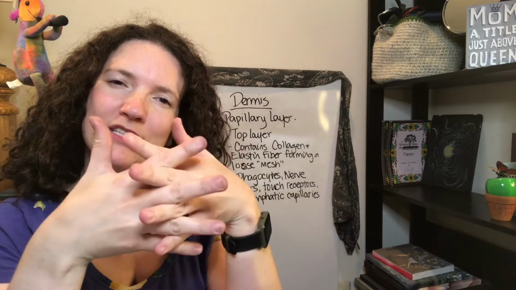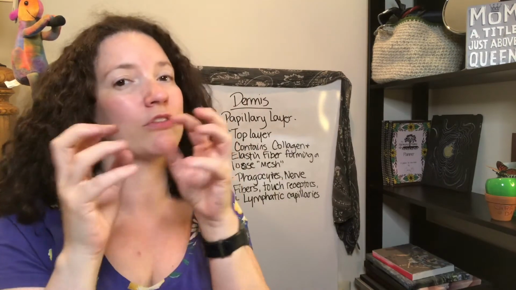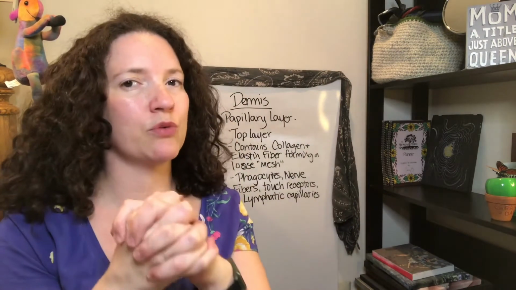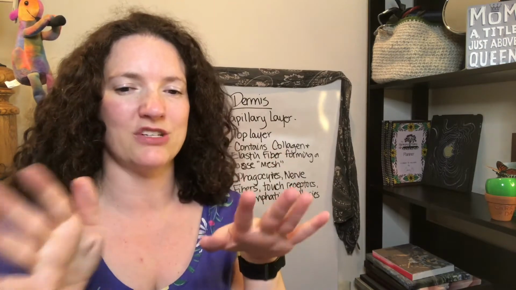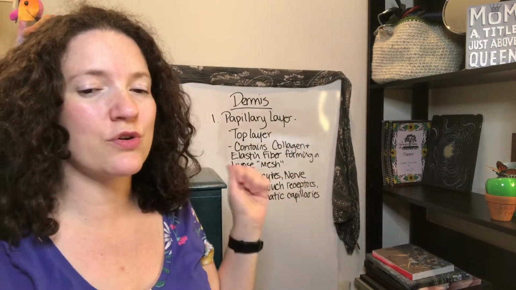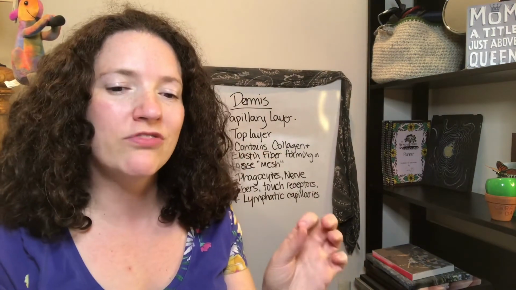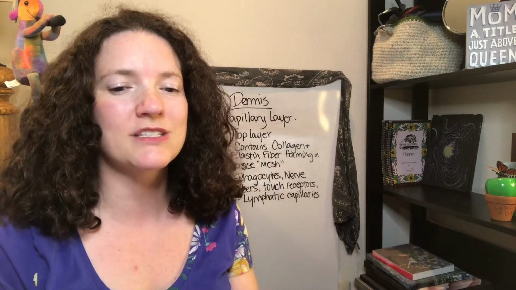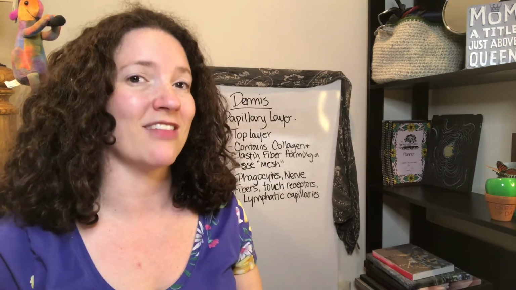They come together loosely. They're not tightly woven together. This layer also contains phagocytes, which are defensive cells, nerve fibers, touch receptors, and lymphatic capillaries. So there are a lot of different things within this layer.